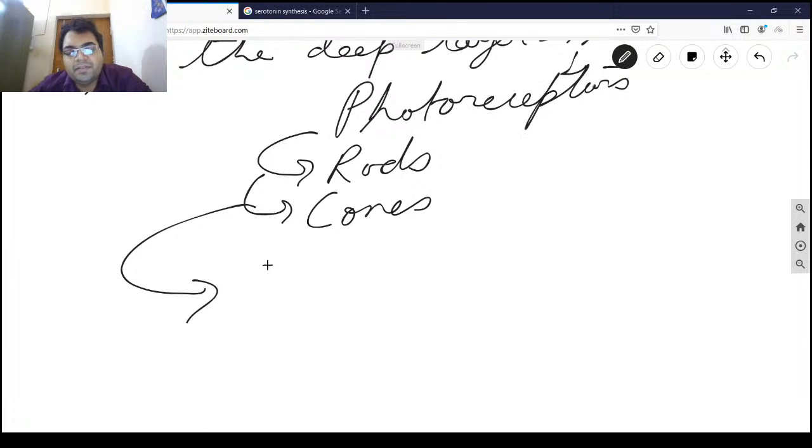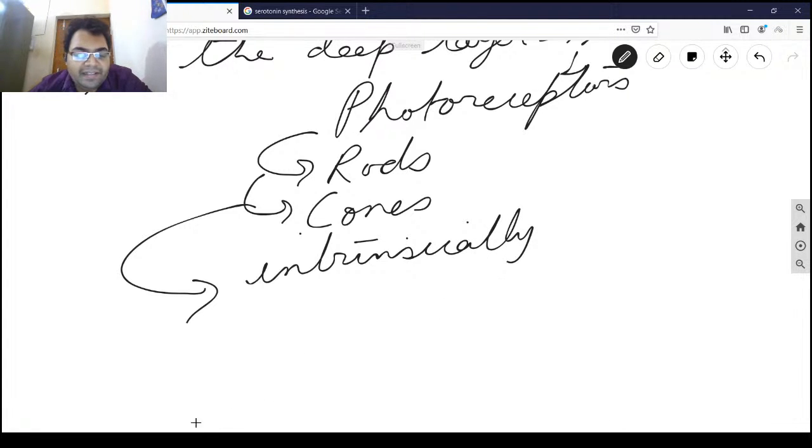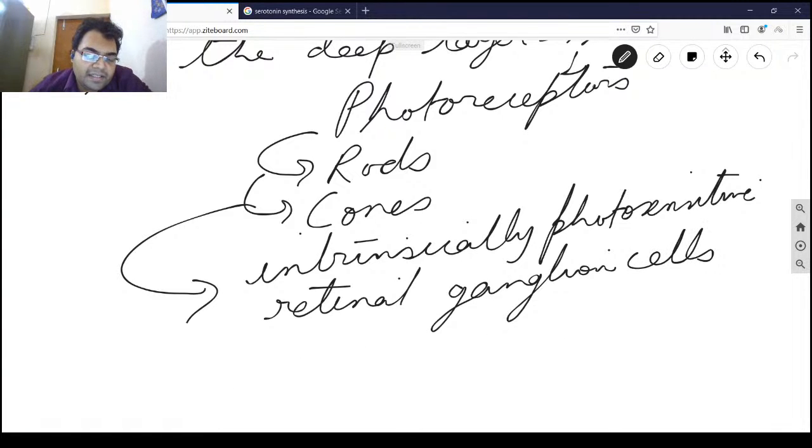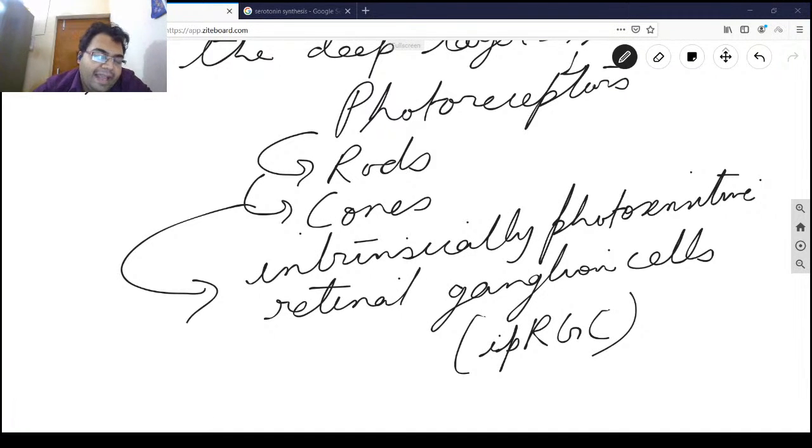No need to know the details, but I'll write it down: intrinsically photosensitive retinal ganglion cells. You can put the acronym as IPRGC.